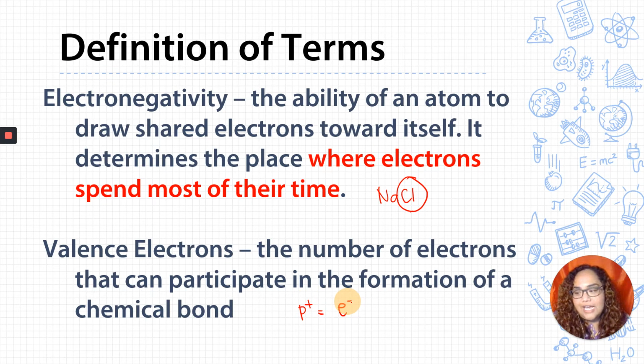So if it has 18 protons, it also has 18 electrons. But it doesn't mean that all of these 18 electrons would participate during the bonding of these two elements. So only the valence electrons will do that. And these valence electrons, as I've said, are the outermost electrons, or the electrons in the outermost shell of the element.